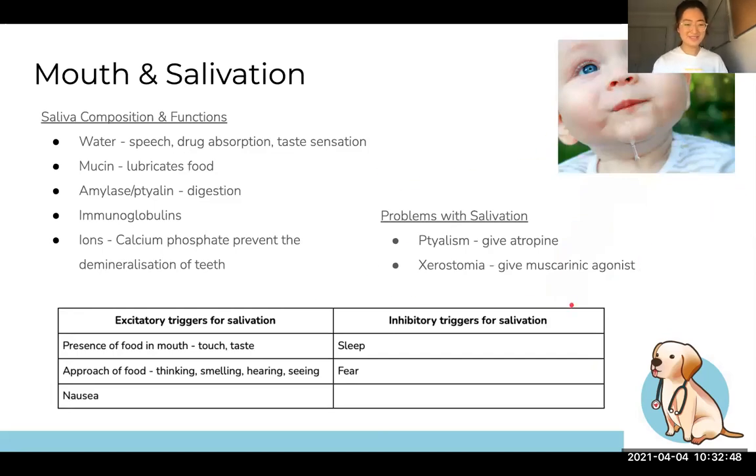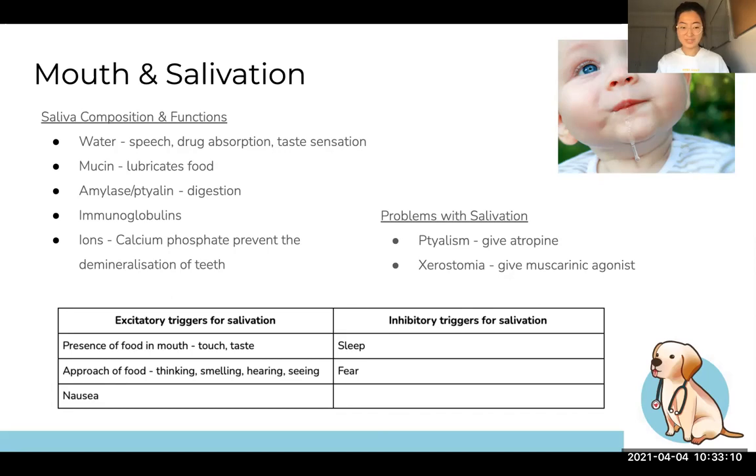Anyway, in the saliva, you've got a bunch of different things. You've got your water, which is going to be helping with speech, drug absorption, and taste sensation. We've got mucin, which helps lubricate the food. Amylase, or ptyalin, helps with digestion. We had a question in past exams about where digestion first occurs.